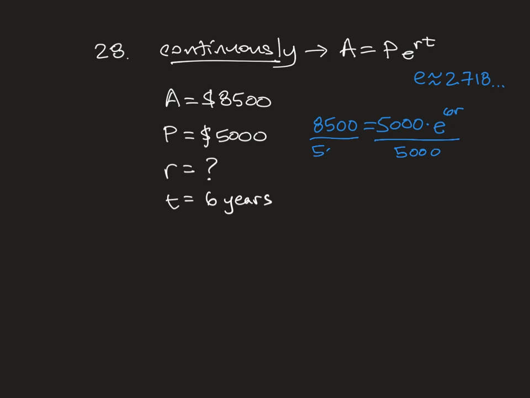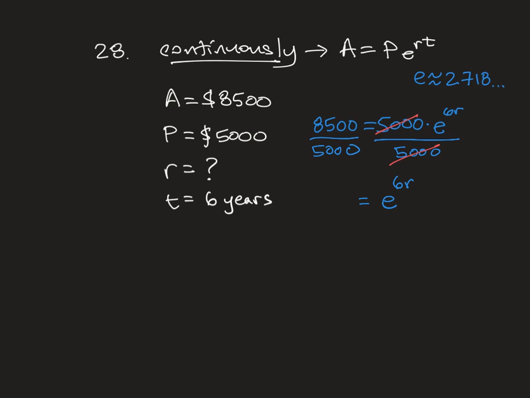So I have to divide the left by 5,000. And the 5,000s cancel. And then on the right-hand side, I still have E to the 6R equals this 8,500 divided by 5,000. And here's my calculator, here's my phone.